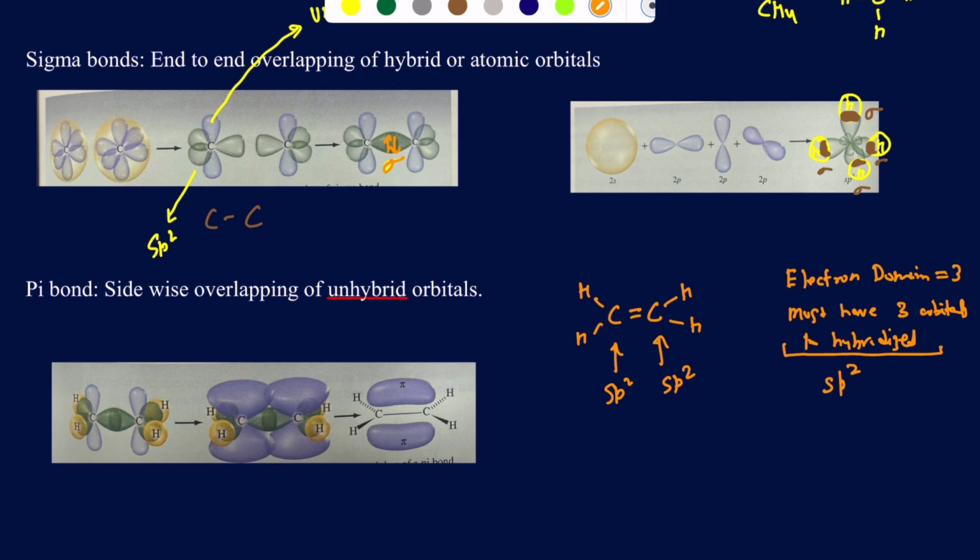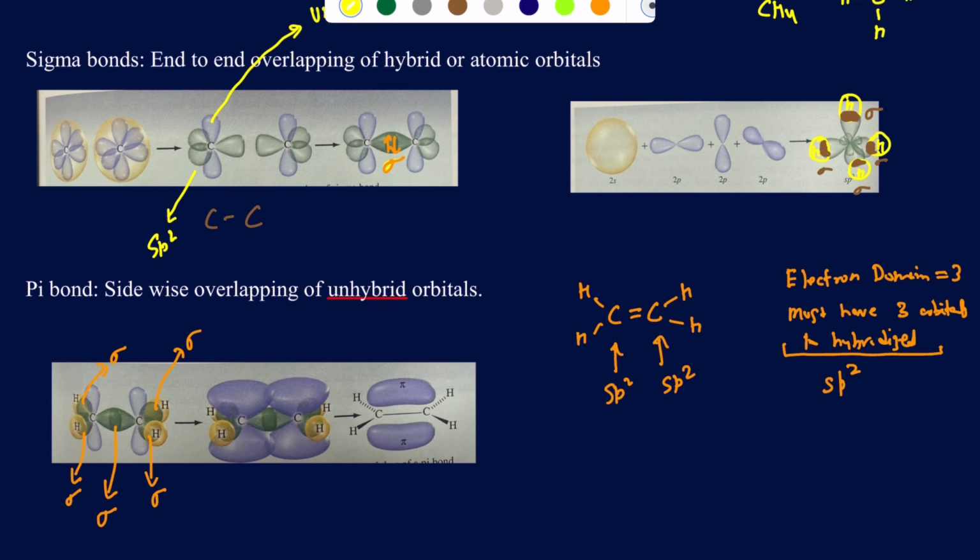Those make the sigma bonds. I would have one sigma bond here, another here, another here, another here, and then the end-to-end overlapping between the two carbons is another sigma bond.